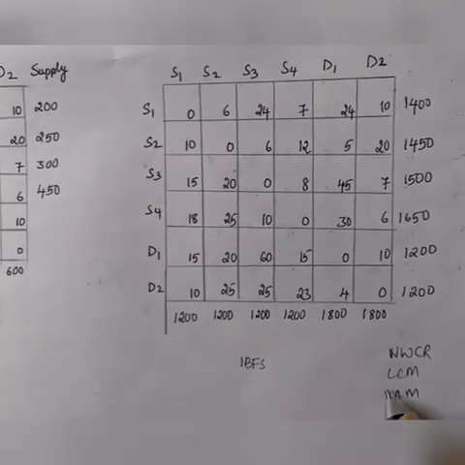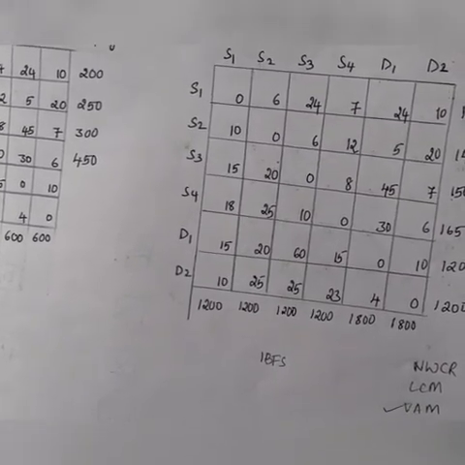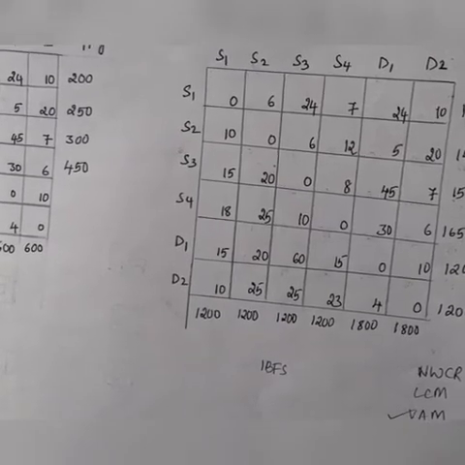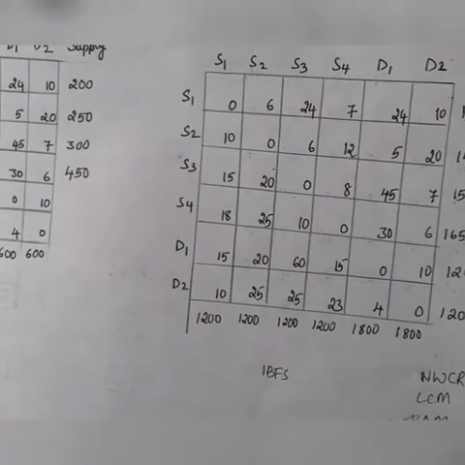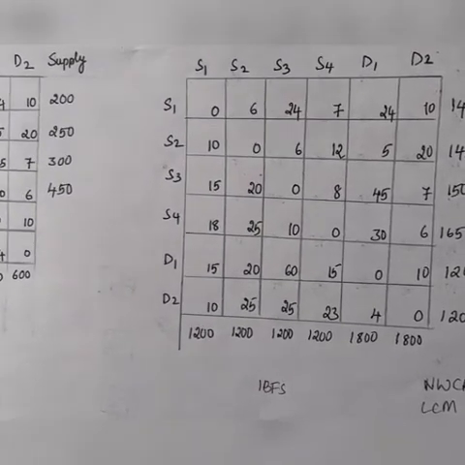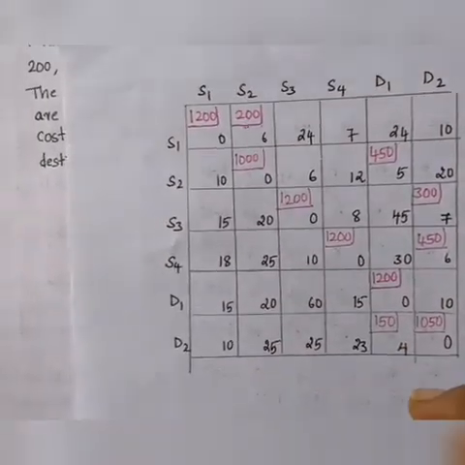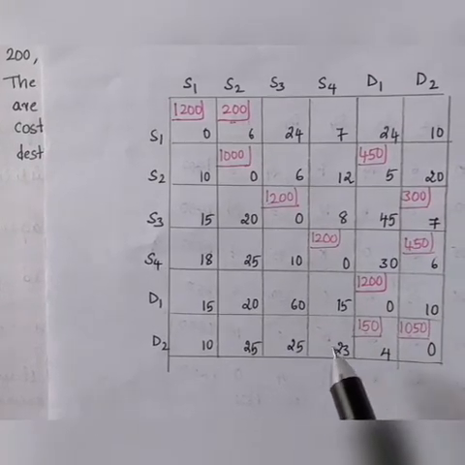So use the most optimal one. Vogel's approximation method gives the best answers. So I have found the IBFS using Vogel's approximation method, and this is how the allocations are made.